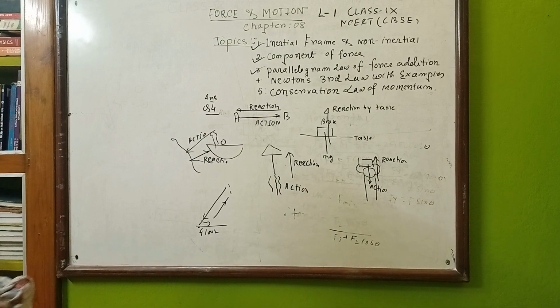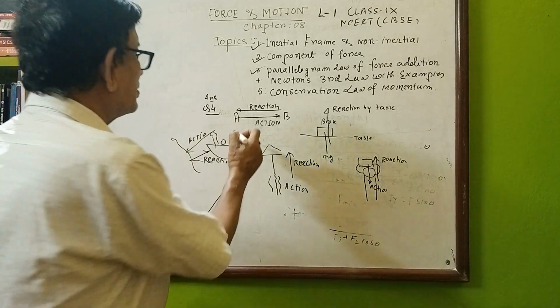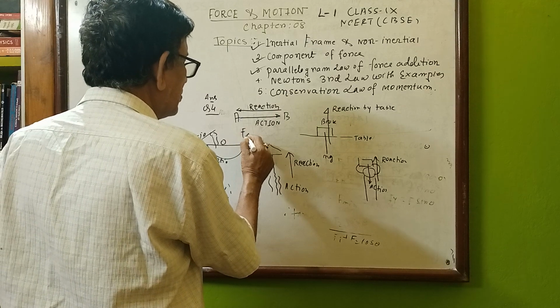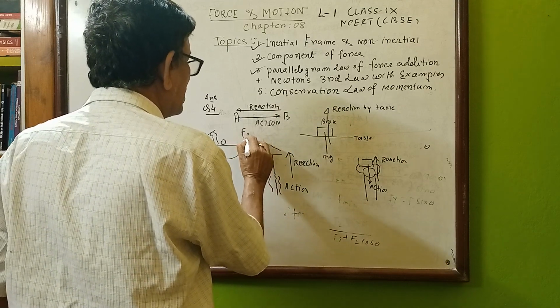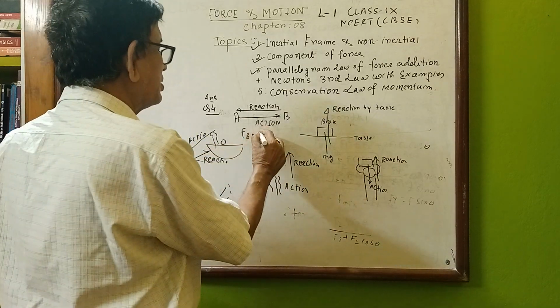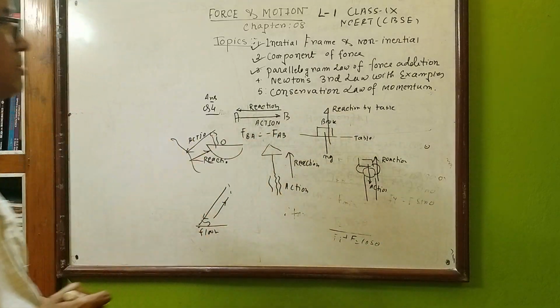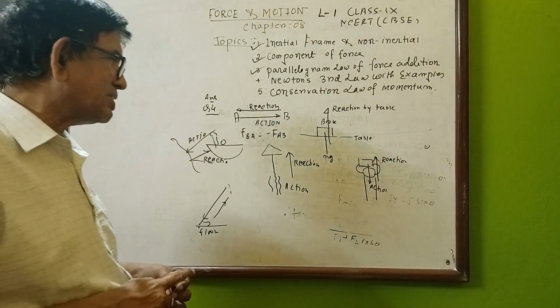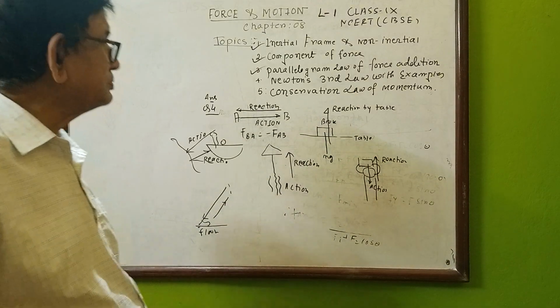Now this is the third law, and the third law is a very important law for the action-reaction concept. Suppose you write F_AB, or F_BA. That means force given by A on B is equal to minus F_AB. Why minus? Because the direction of action is just opposite to the direction of reaction, but numerically they are equal.